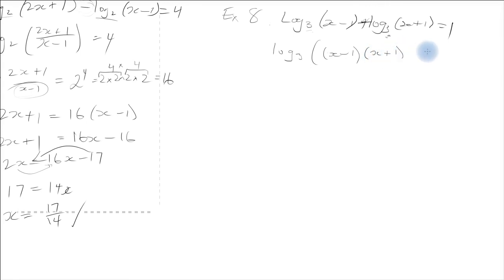That all equals 1. Now let's get rid of this log to the base 3 business by doing 3 to the power. On this side the log 3 will disappear, giving us x minus 1 and x plus 1. On the other side we'll have 3 to the power of 1, which is just 3.